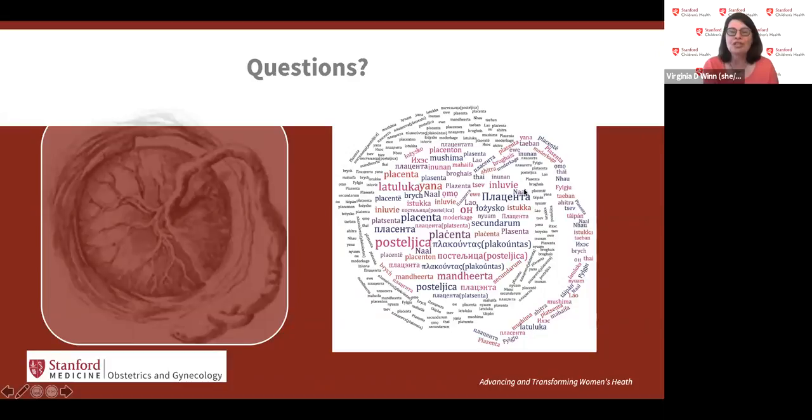And when I went on my OBGYN rotation, never thought I'd be an OB, I saw this beautiful organ just being dumped in the trash, and the amount of protein and RNA and DNA that was there. And the more I learned about how the placenta is a huge endocrine organ and how it's changing mom's physiology, I was hooked in trying to understand this organ and the complications that happen in pregnancy because of it.